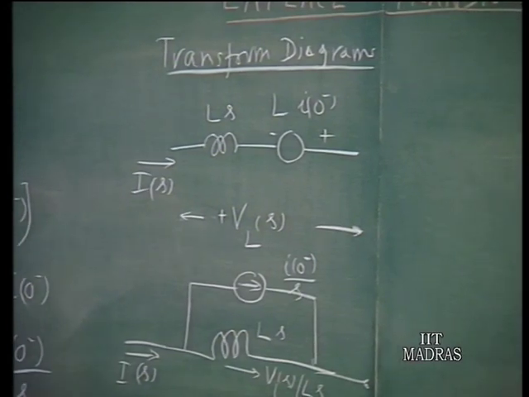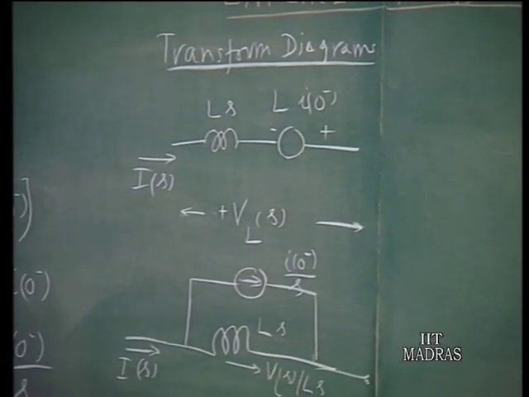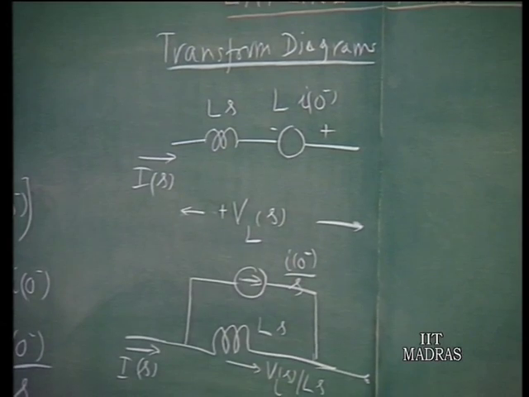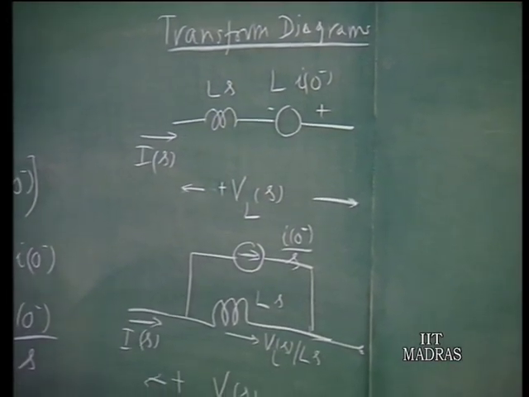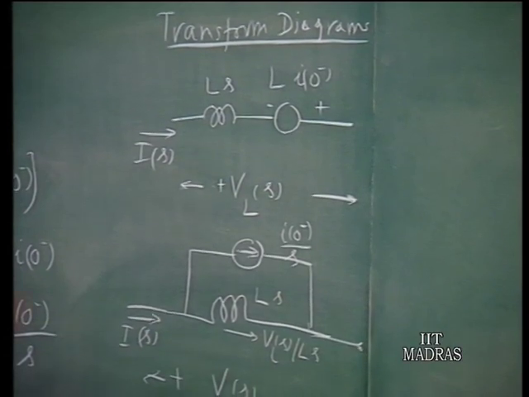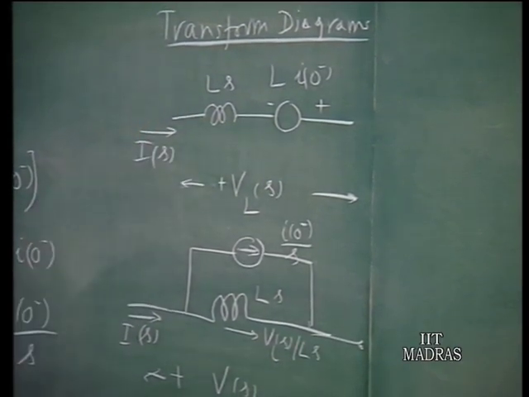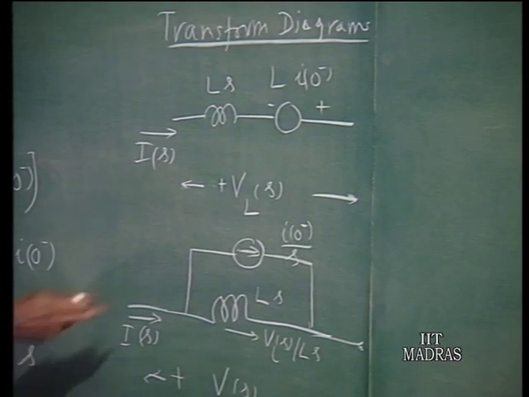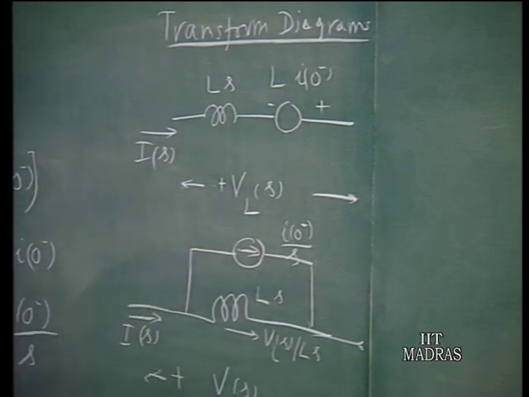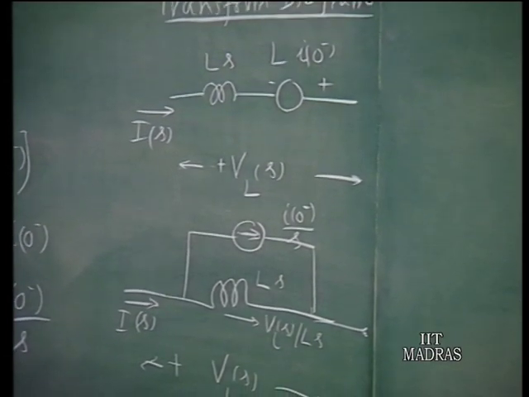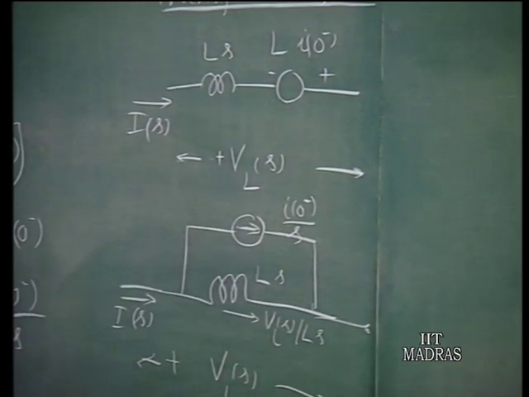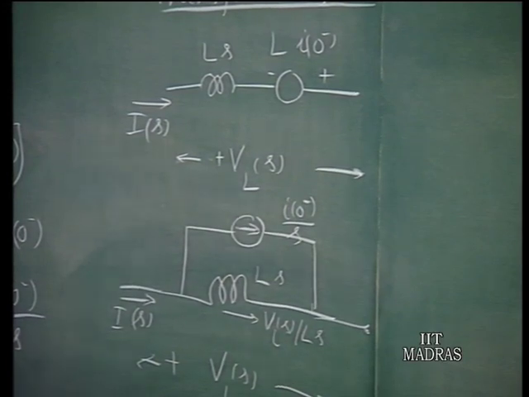One incorporates a voltage source, the other incorporates a current source. So depending upon your convenience in the circuit analysis problem, if you favor the use of a voltage source, we use this. On the other hand, if you are in love with a current source, you can use this. In particular, if you have a network in which the node equations are the preferred method of solution, maybe you would like to have a current source, but both are equivalent.